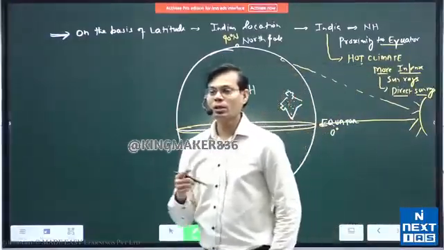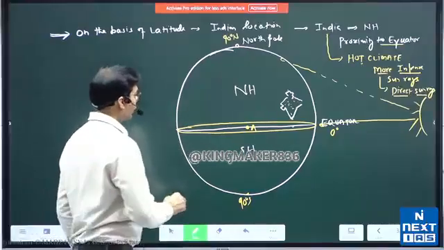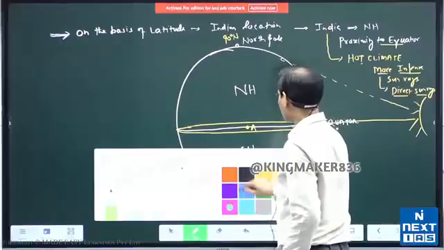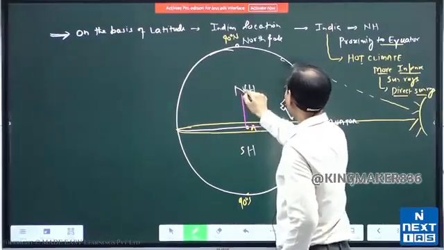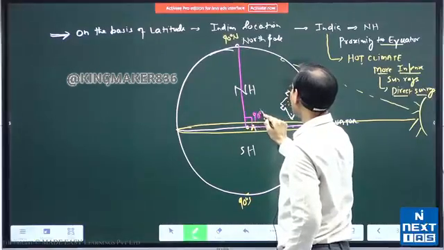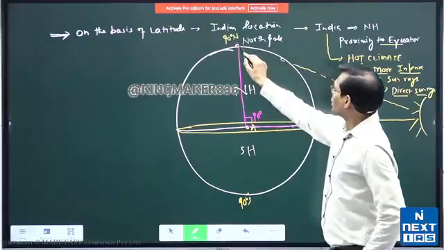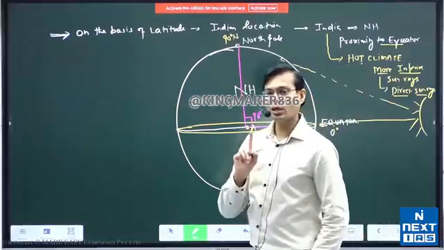Center of the circle. Suppose we take this center, and from this center, with respect to the equator, we draw an angle like that. Then which angle is this one? 90 degree north. Northward, southward? Northward. That's why we call it the North Pole, 90 degree north.